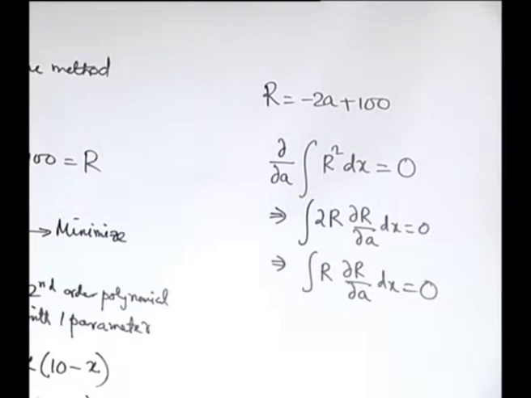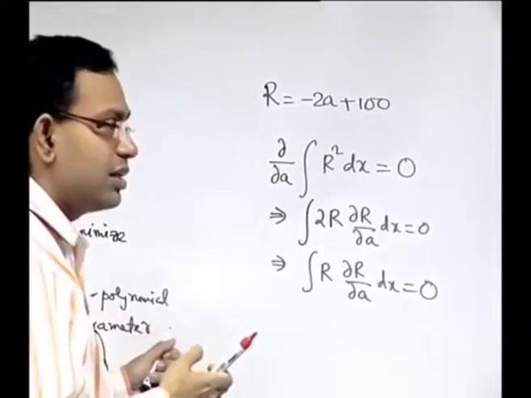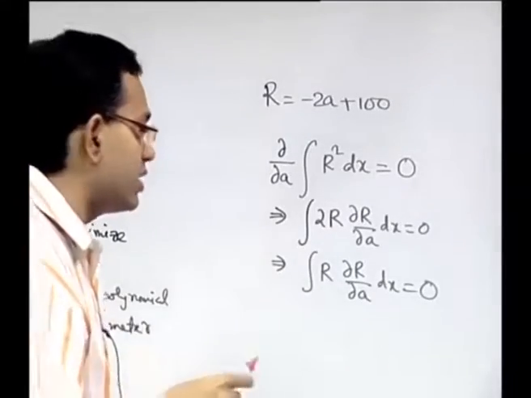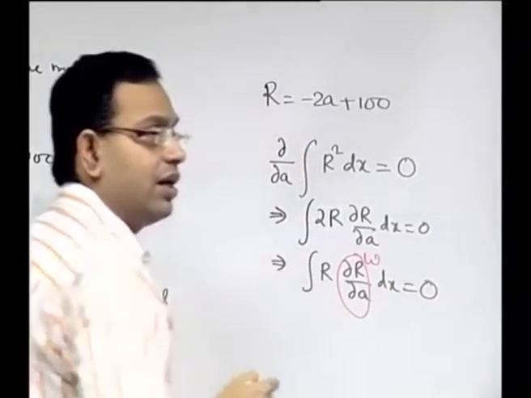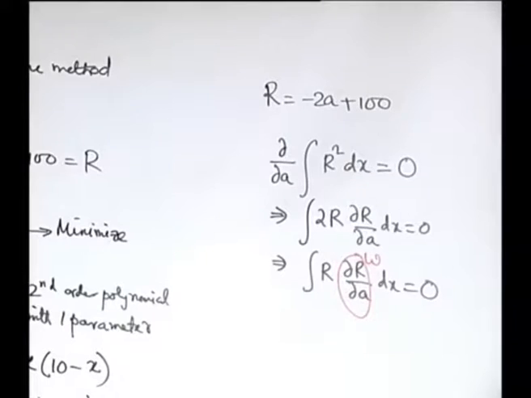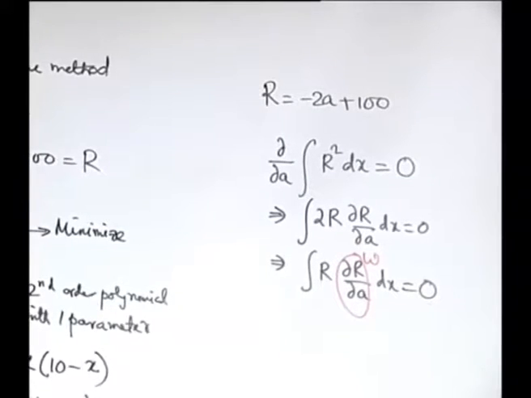So, you can see that although it is a least square method by name, it is not a weighted residual method by name, but by implication it is a special case of the weighted residual method, where the weighting function is nothing but del r del a. Okay. So, let us find out the weighting function.